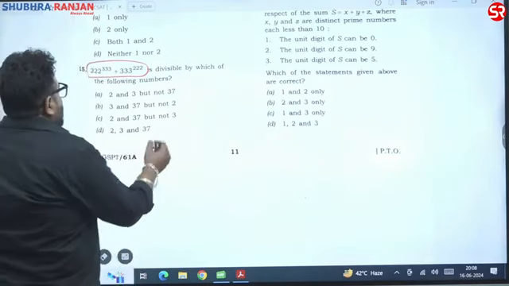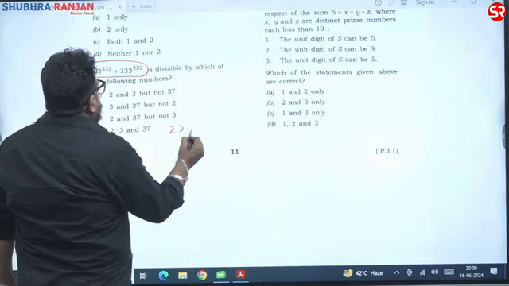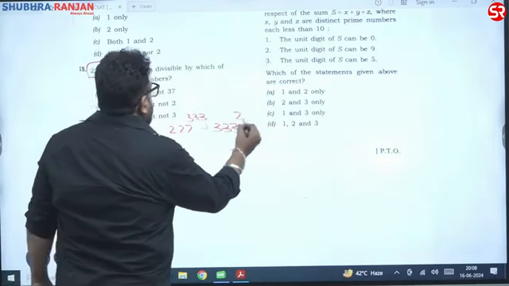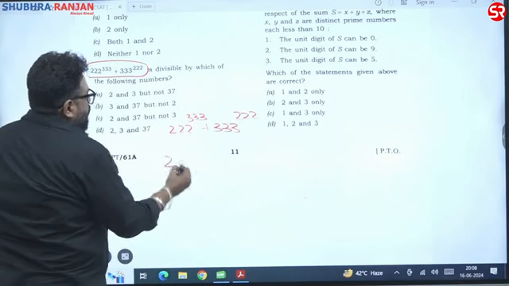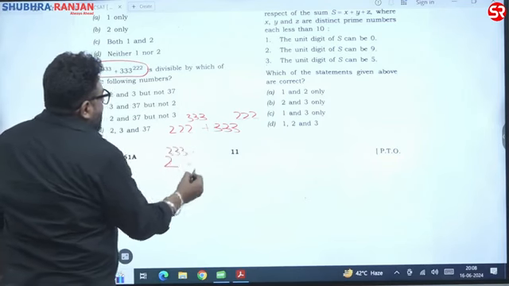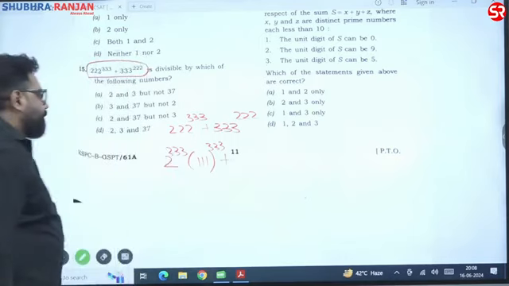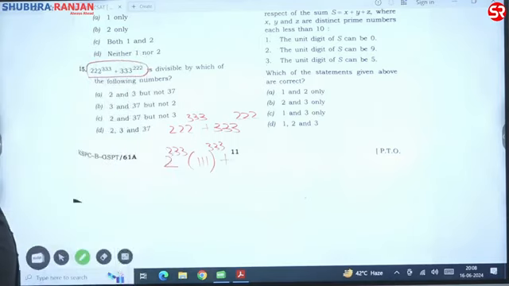He says, see, 222 raised to the power 333 plus 333 raised to the power 222, right? So 2 to the power 333 and 111 raised to the power 333 plus. So you have just broken this, right?